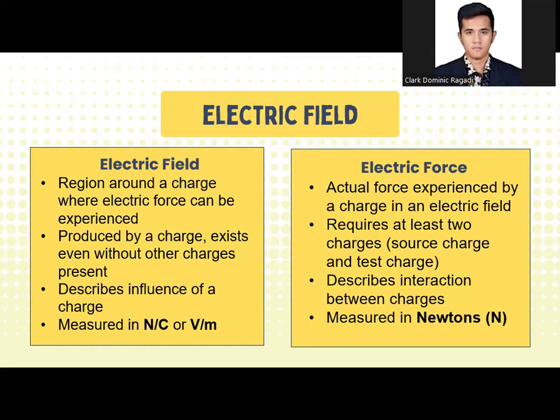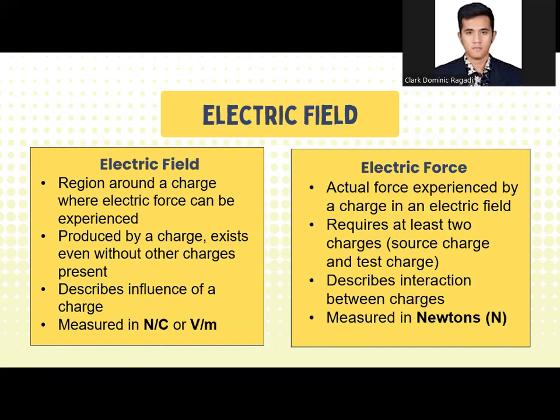An electric field is produced by a charge and exists even without other charges. Even if there's only one charge, it would still produce an electric field. It describes the influence of a charge, measured in newton per coulomb or volts per meter. Meanwhile, electric force is the actual force experienced by a charge in an electric field.